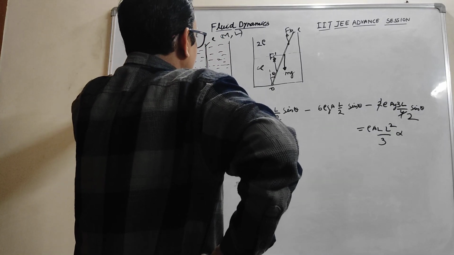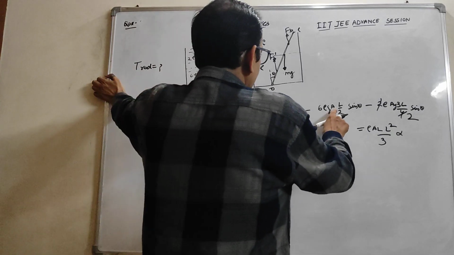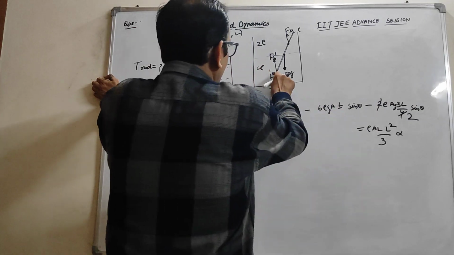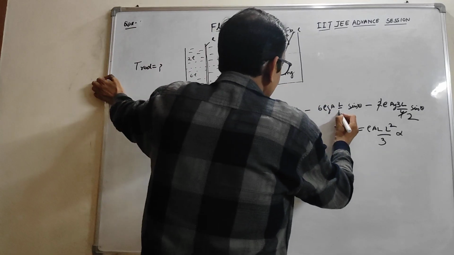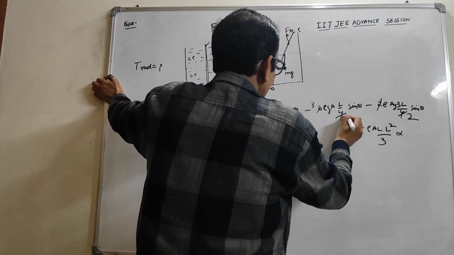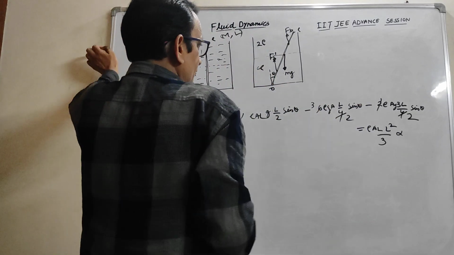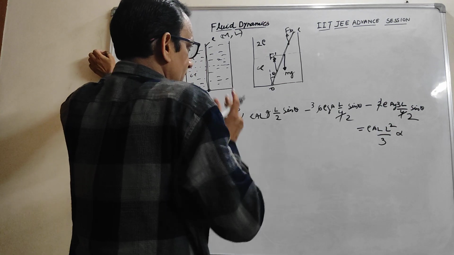Rho A 6 times, there is a mistake here. This is not L by 2, this is L by 4. The buoyant force is acting at that distance. So this becomes 3 by 2, 3 by 2.